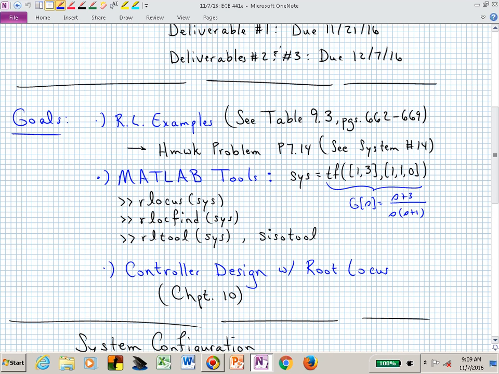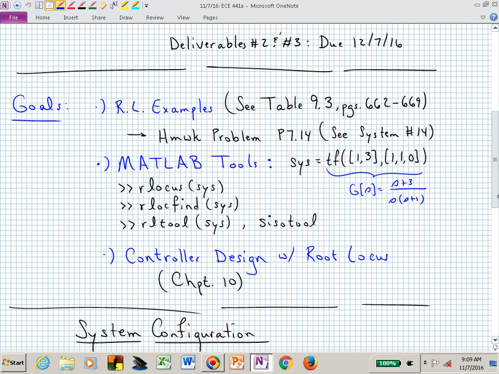So there are some other tools that you could use. You could even use a zoom command in MATLAB to try to expand the picture and the graphical image, and that allows you to maybe more finely determine with root locus particular values of k on your root locus diagram.